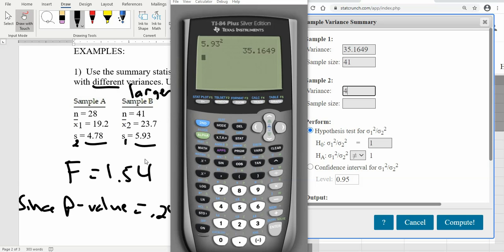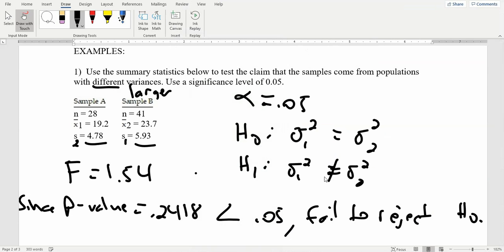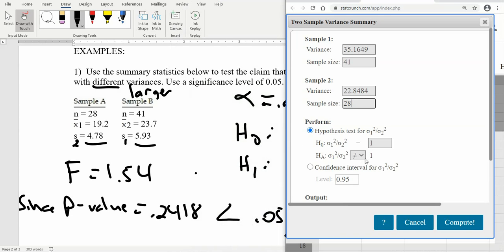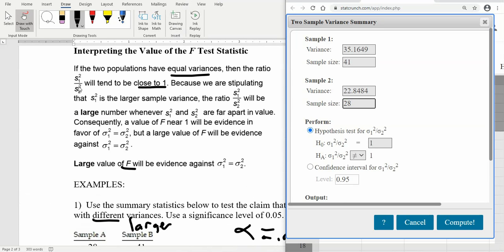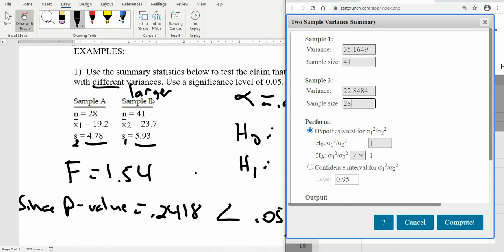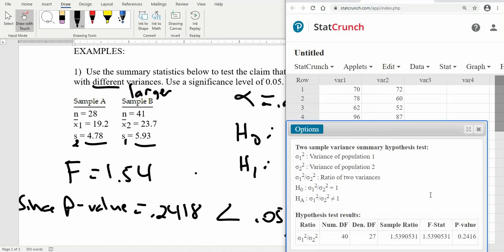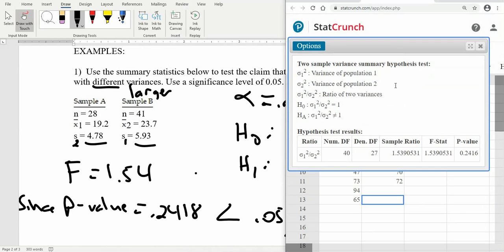The variance of the second one is 4.78 squared, which is 22.8484. Sample size is 28. And once again, this is a not equals to, so I'll keep it on the not equals. I notice it's a 1 because these are ratios, which tend to be close to 1 if they're equal. Then click compute. Drag this up so you can see everything.